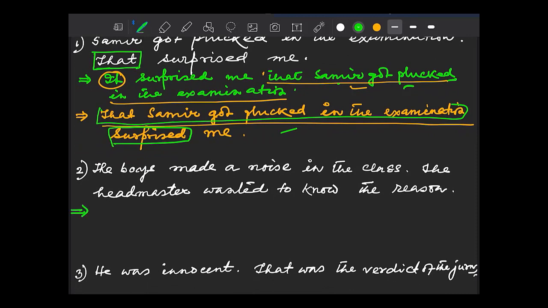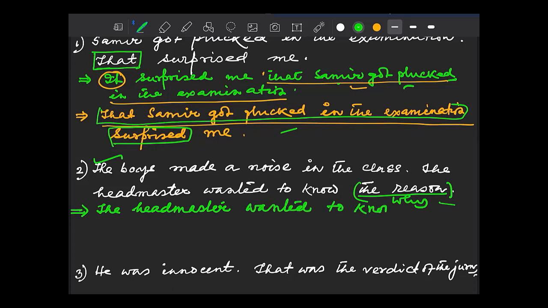Next one. The boys made a noise in the class. The headmaster wanted to know the reason. The reason means why. In place of this, we will write this one with this why. See, the headmaster wanted to know why the boys made a noise in the class.